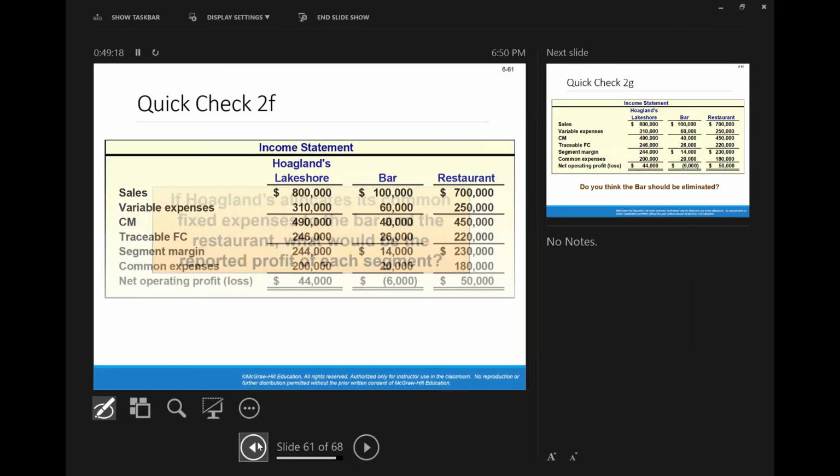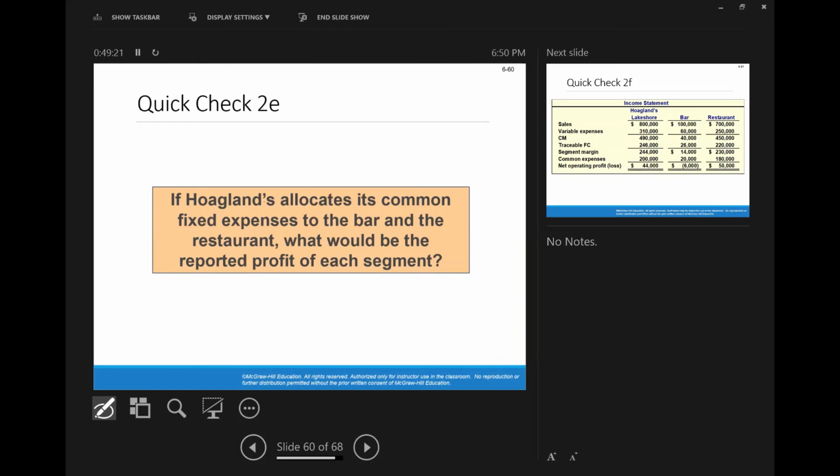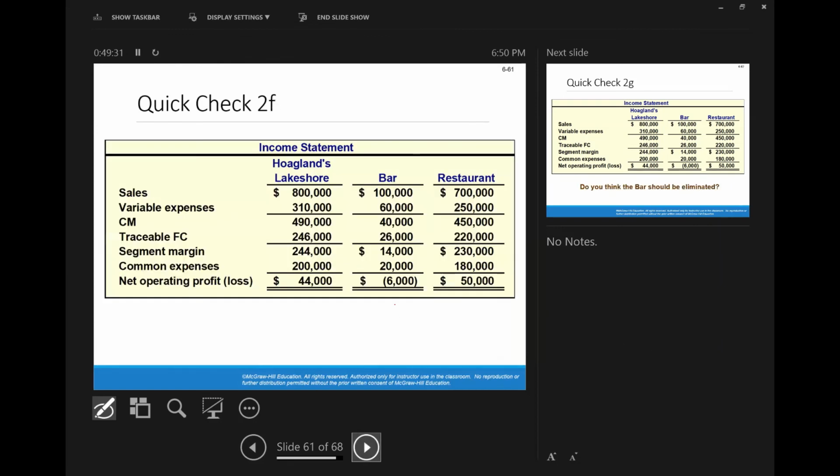Let's see. So if Hoagland's allocates its common expenses to the bar and to the restaurant, what would the reported profit of each segment look like? So now we're going to take that common expense that we can't trace and we're going to allocate it. So now we put the 20,000 that we just calculated here. The remainder goes to the restaurant.